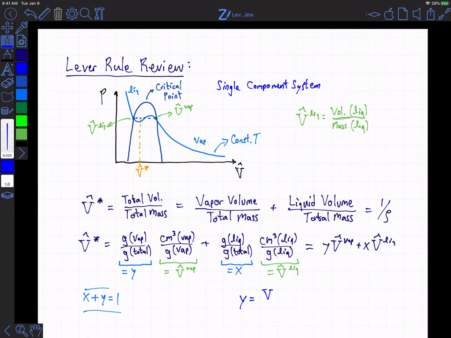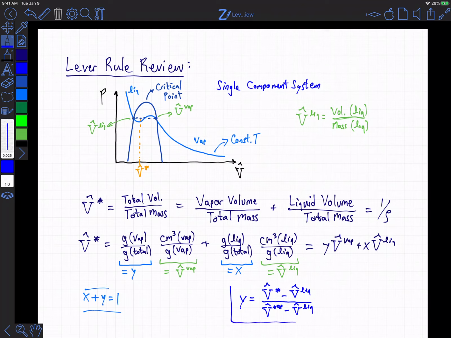And if we go through and use our material balance here, x plus y is equal to 1, you should be comfortable convincing yourself that this is the result that we get, which starts to look a lot like the lever rule that we've talked about or that you've seen in the past.